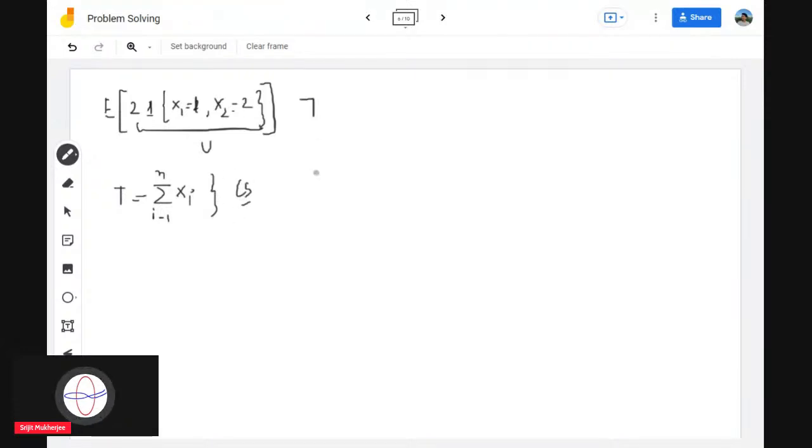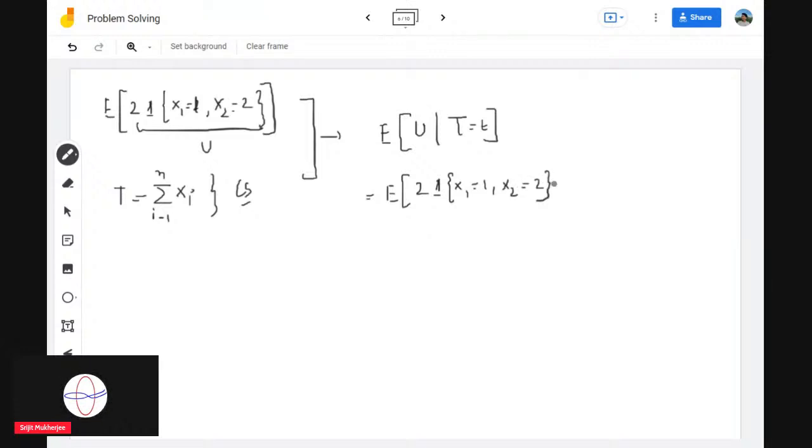So using Lehmann-Scheffé we have to find the expectation of U given T. That is, twice the expectation of the indicator of x1 is equal to 1 and x2 is equal to 2, given that summation of xi from 1 to n is equal to t.